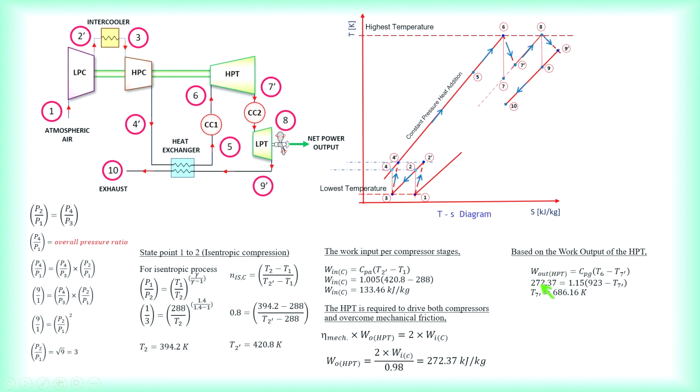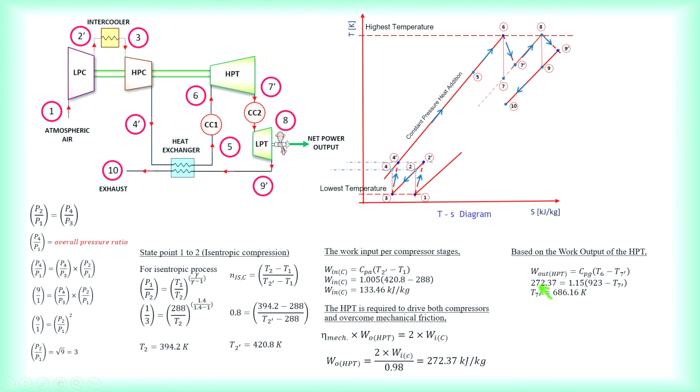The work output of the high pressure turbine is Cp(T6 minus T7 prime), and we know it is 272.37. So you can find T7 prime, which is 686.16 Kelvin.